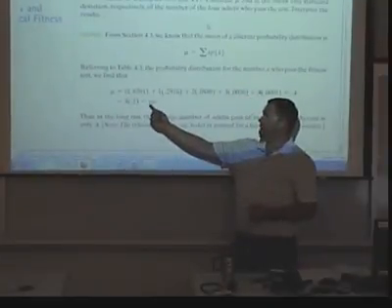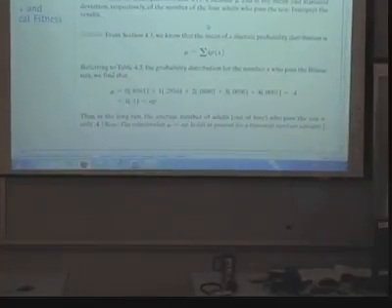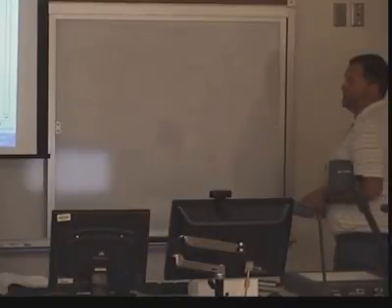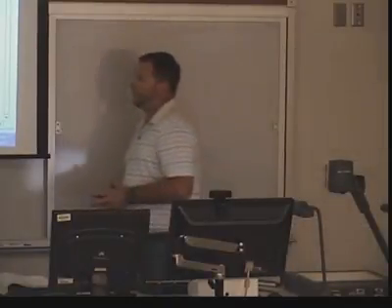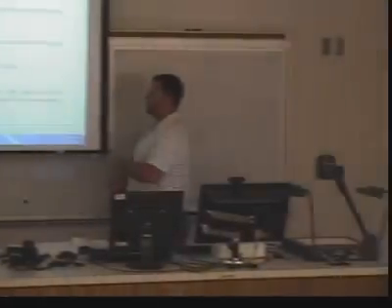Notice that's just the number of trials times the probability of success. That is the formula for the average: the number of trials times the probability of success. Thus, in the long run, the average number of adults out of 4 who pass the test is only 0.4.